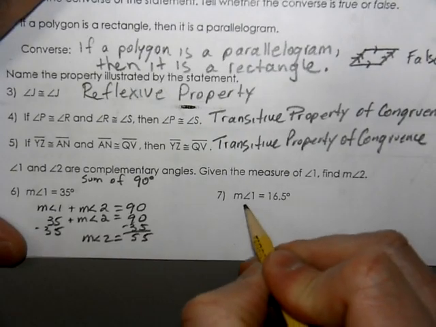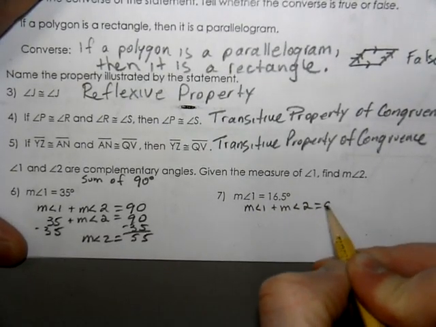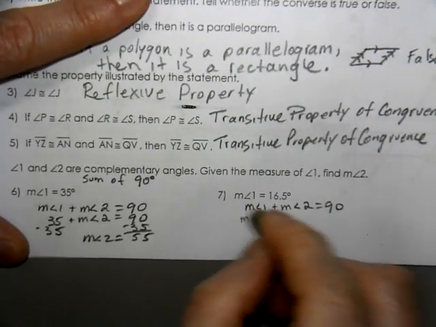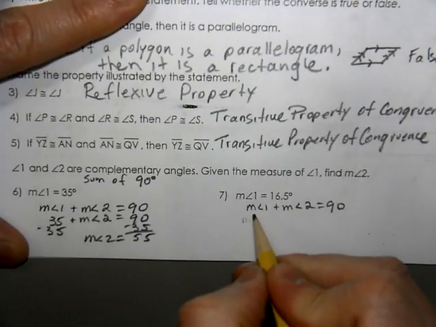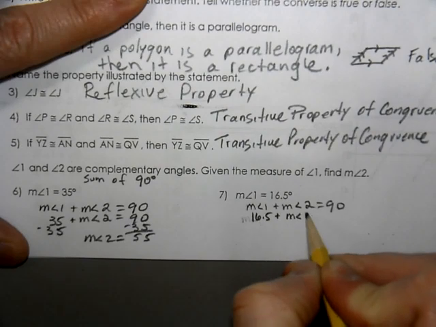In this case, still, the measurement of angle 1 plus the measurement of angle 2 should equal 90 degrees. If the measurement of angle 1 is 16.5, what is the measurement of 2?